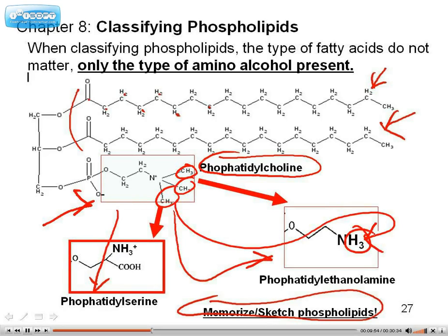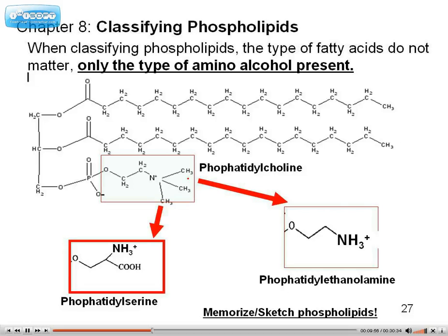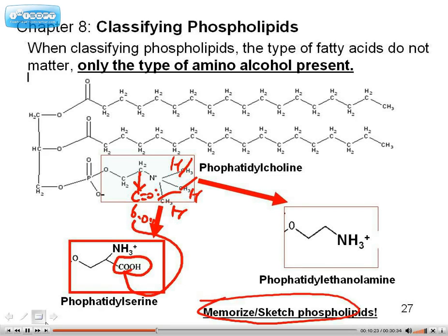If I ask you to draw a phosphatidylserine, then you're going to remove the hydrogens, and you're going to add in a carboxylic acid right here. And then they summarize it as a COOH. So memorize and sketch these phospholipids.